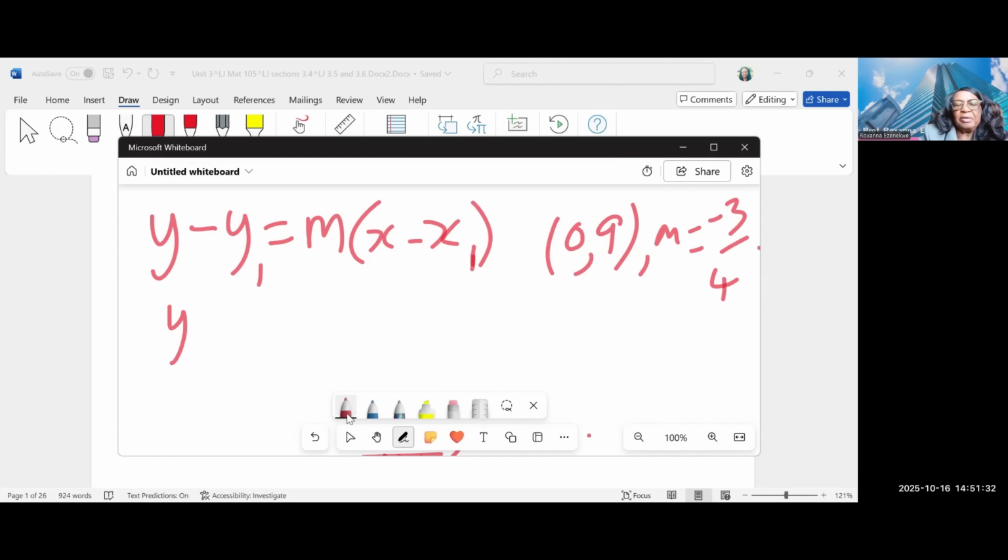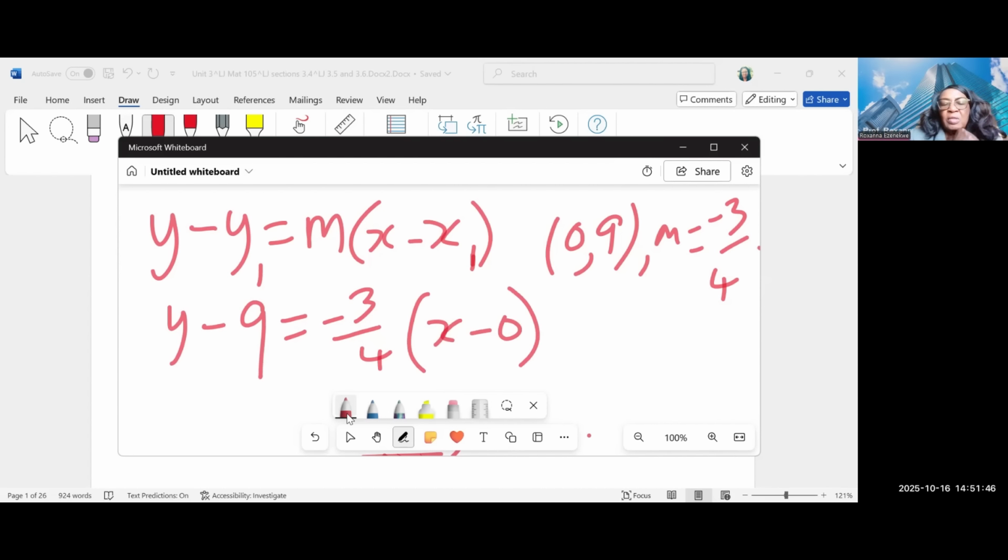So y minus y1, y1 is 9, is equal to the slope, negative 3 over 4, times x minus x1, which is 0. Again, we have to tidy up. On the right-hand side, we distribute negative 3 over 4 to the parentheses. So I have y minus 9 is equal to negative 3x over 4.